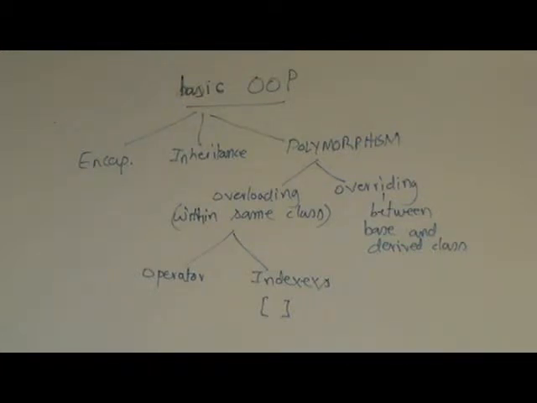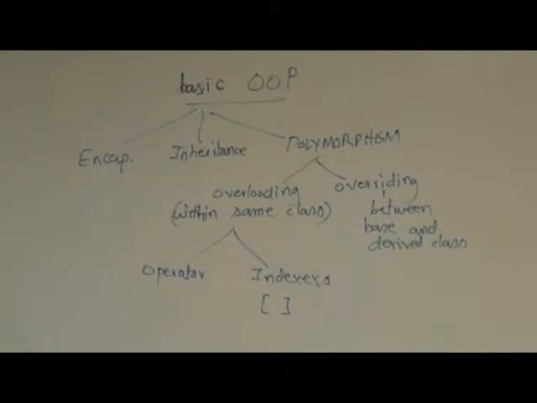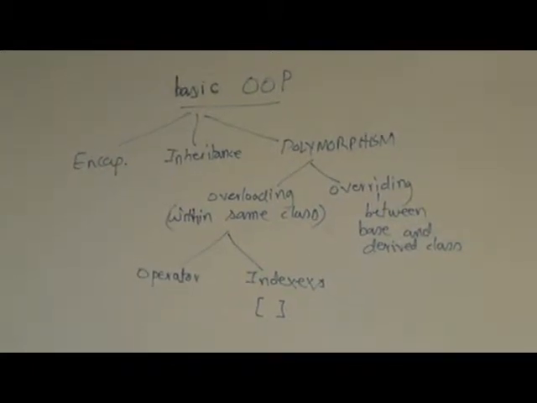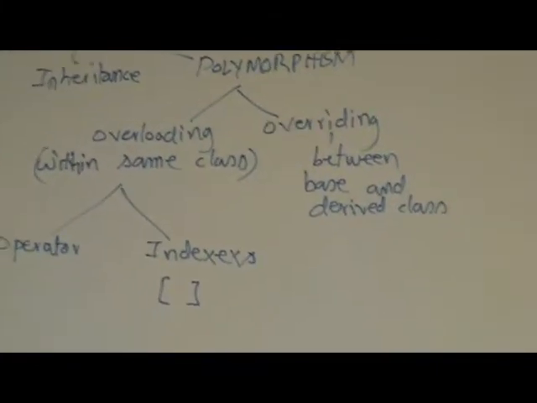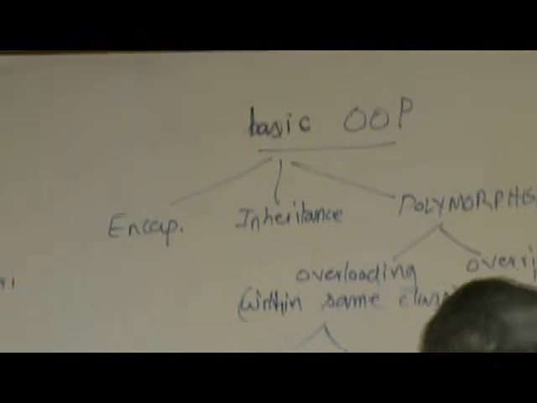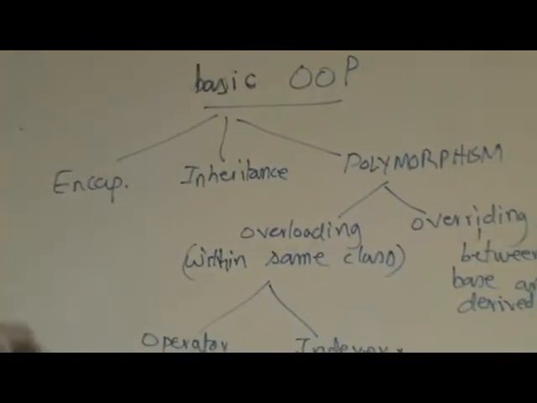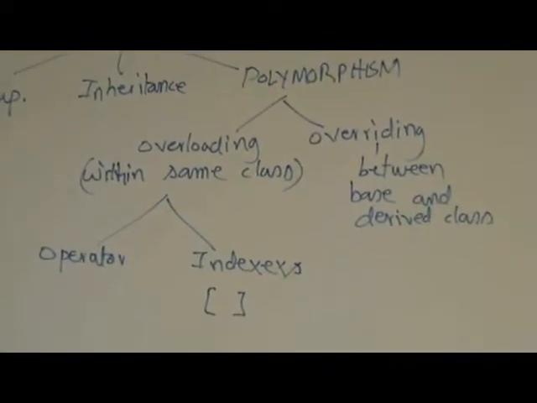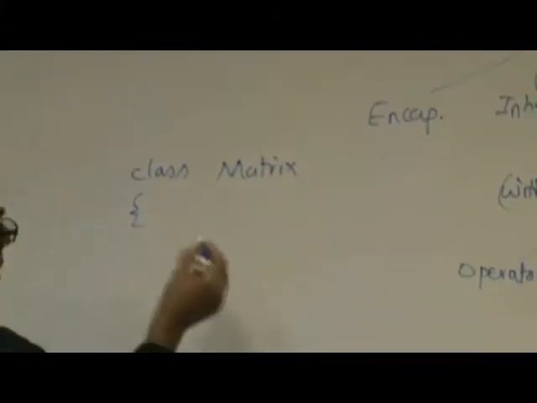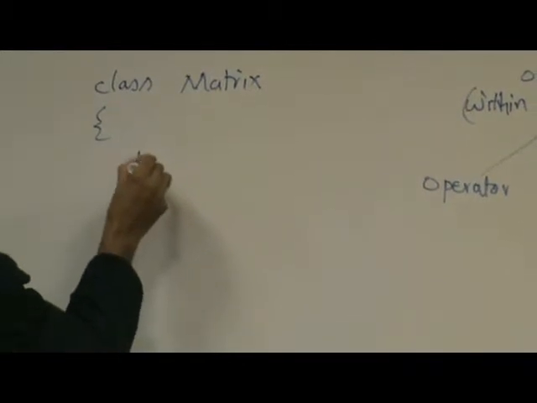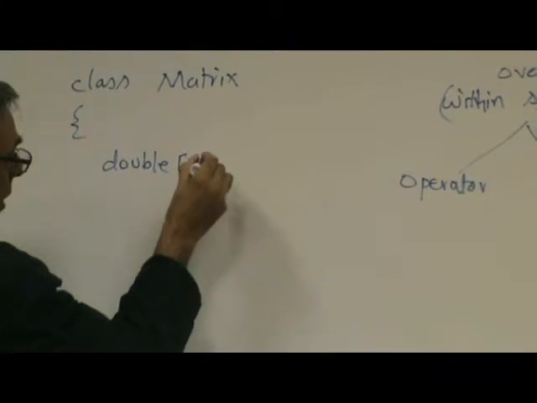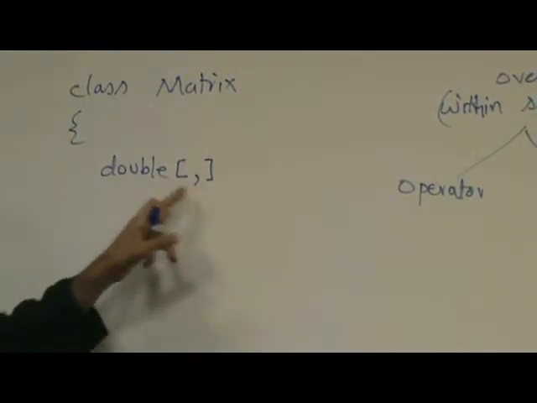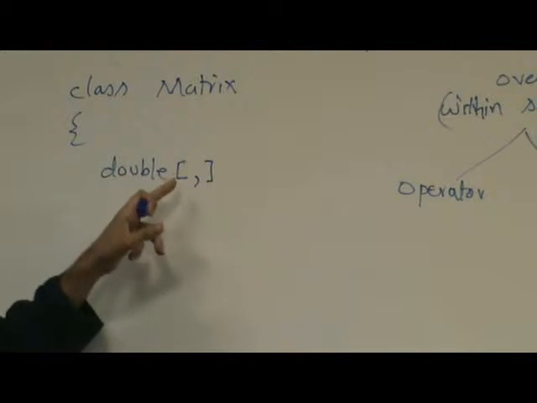Okay. To give you an example, suppose you created a class called matrix. A matrix is a two-dimensional structure. So in C# you will declare it, for example, double. Because it's two-dimensional, this is how we create a two-dimensional array.